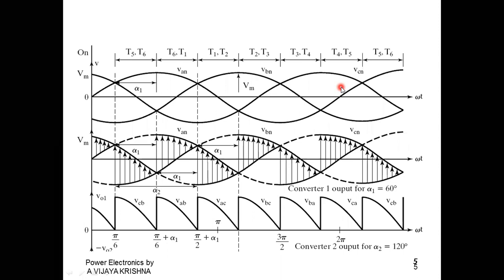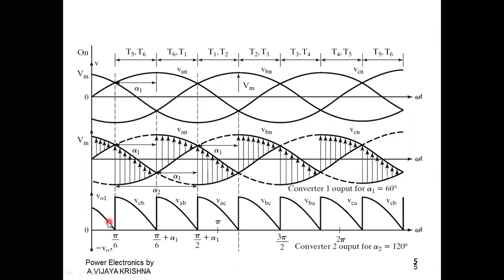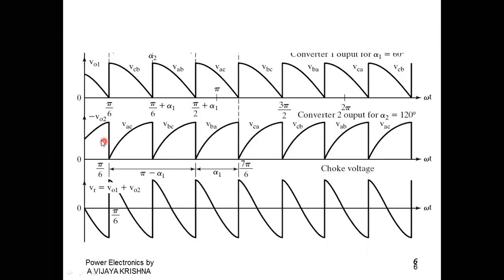Here the average output voltages are equal, V01 and V02. The magnitude of the average output voltage is positive only. The polarity should be positive, and with respect to the converter 1 and converter 2 operations, the average output voltage is the same, having the same polarity. Okay, next one.